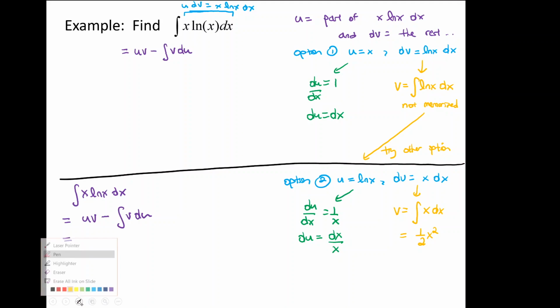Now plug in all the ingredients. So u, we said was ln of x. v we just found was 1/2 x squared. minus integral of v, which is 1/2 x squared, and then du is dx over x.